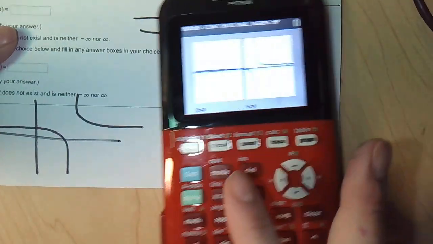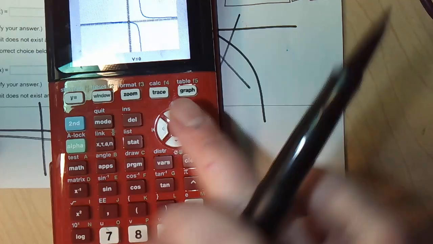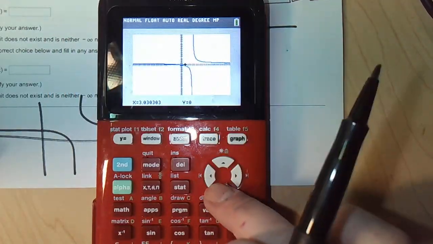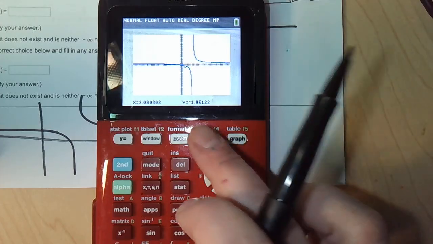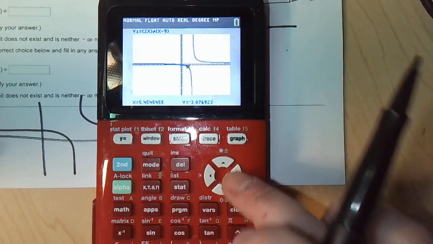Okay, and the question is asking, what happens when x is 9? We can press this little right-hand arrow button, or we can press trace and then that little right-hand arrow button.